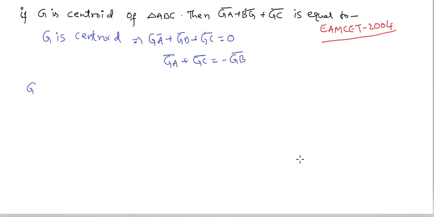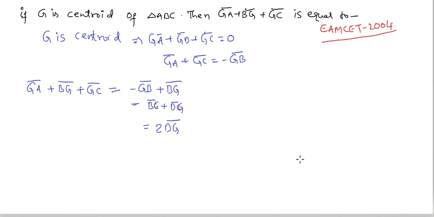Here it is asking GA bar plus GB bar plus GC bar, that is GA bar plus GC bar is equal to minus GB bar plus GB bar. That is minus GB bar is BG bar. So the value of GA bar plus GB bar plus GC bar is equal to 2 times GB.